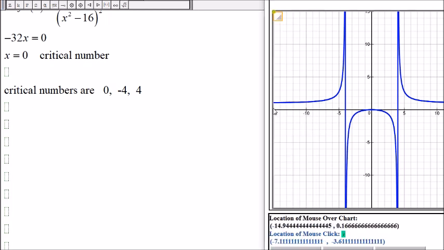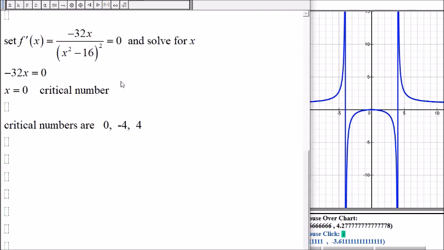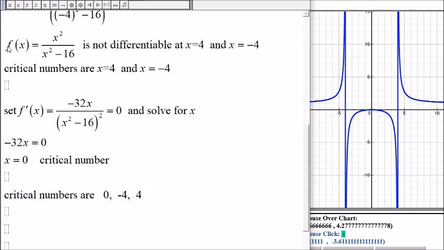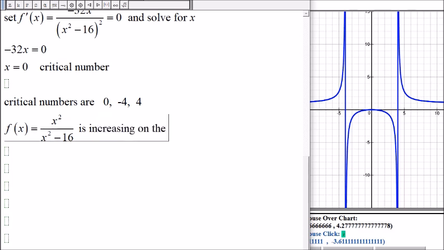And so from the left side up to negative 4, the function is going up, so it's increasing. And so we say that f of x, which is this function right here, is increasing on the interval from negative infinity to negative 4.